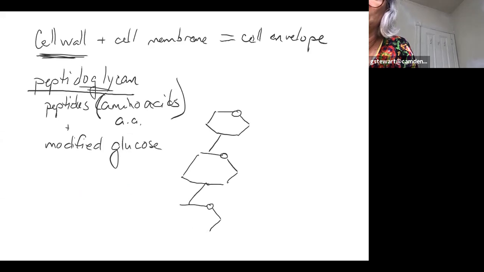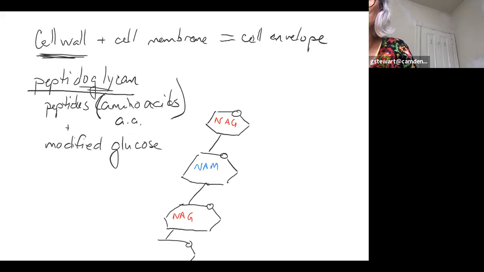I said they were going to be glucose molecules, right? So that kind of looks like glucose, right? And they're going to alternate. So this one's going to be NAG. This one's going to be NAM. This one's going to be NAG. This next one's going to be NAM. Okay, so they alternate as they're assembled.